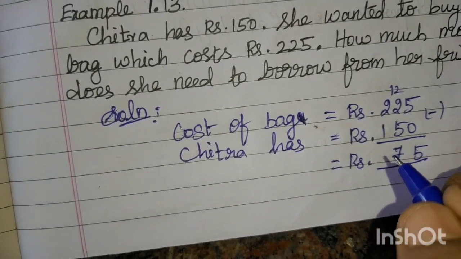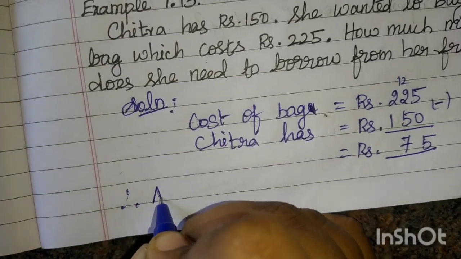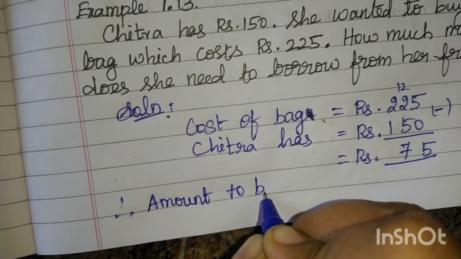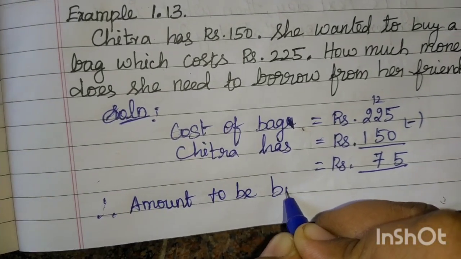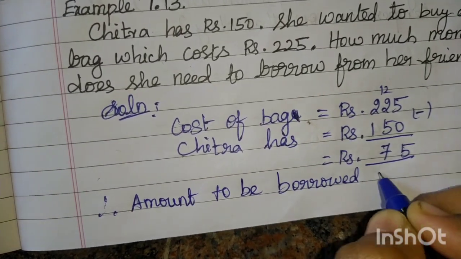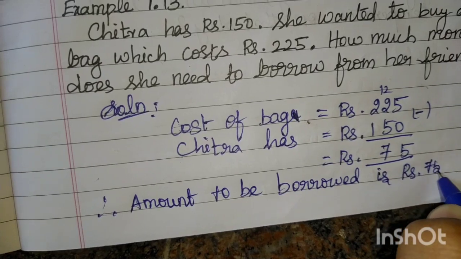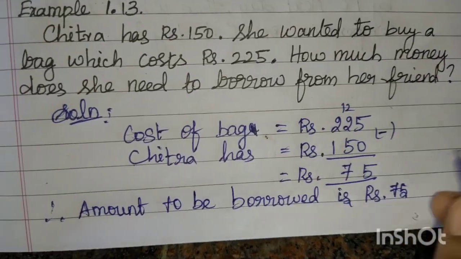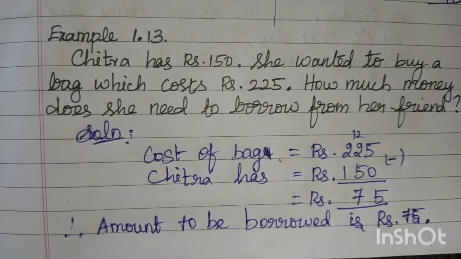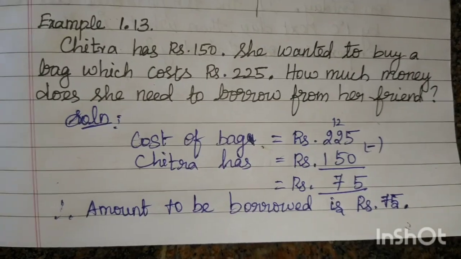Therefore, amount to be borrowed is rupees 75. Very simple. Simply you can do the subtraction and find the answer. That's it.